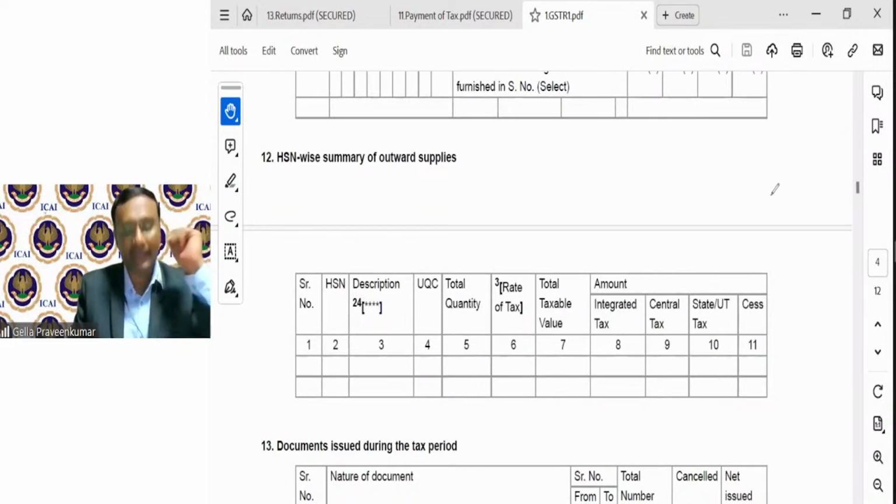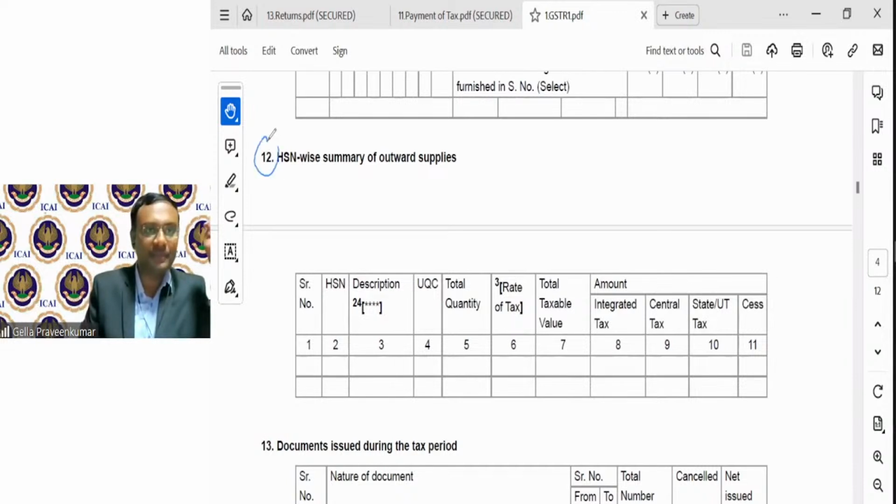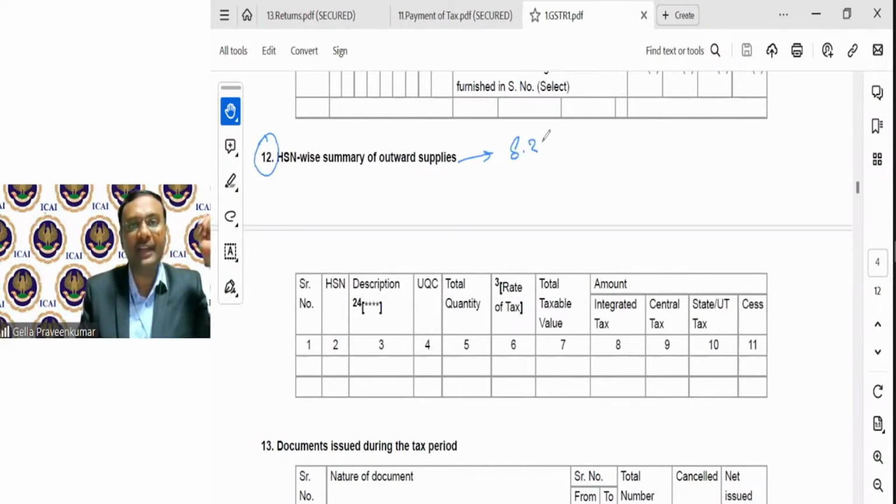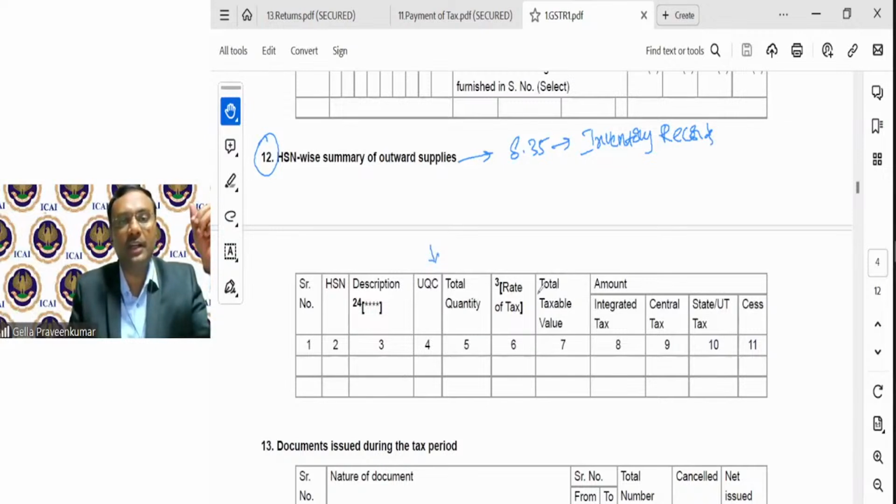Next, another important aspect, table number 12. You remember section 35, when I dealt with your accounting records, I explained something called inventory records. So here, my HSN description, unique quantity code, total quantity, rate of tax, taxable value.